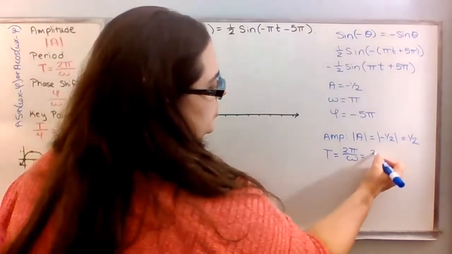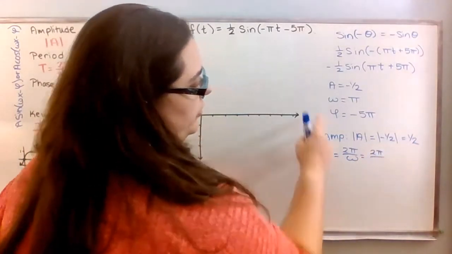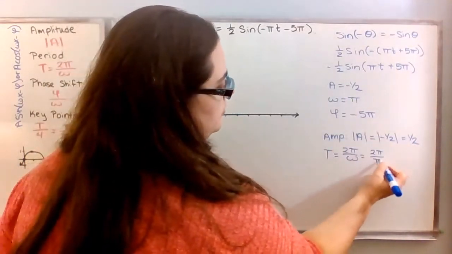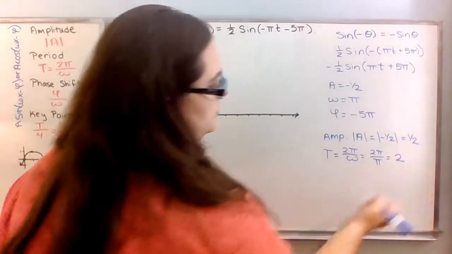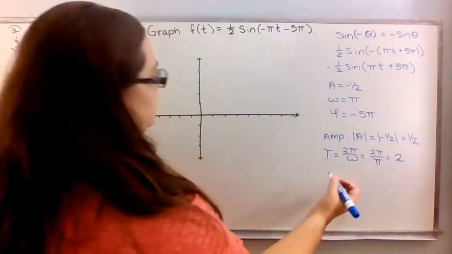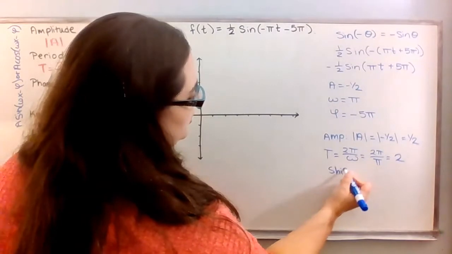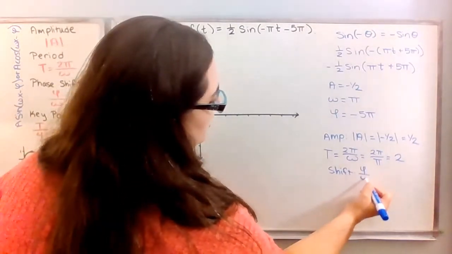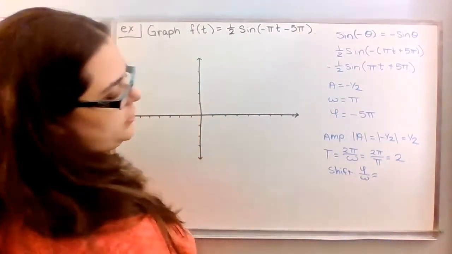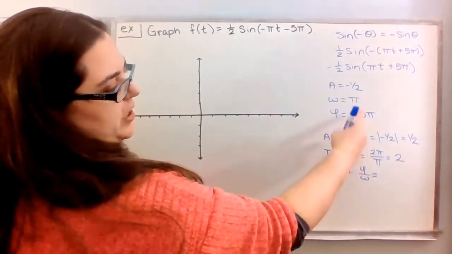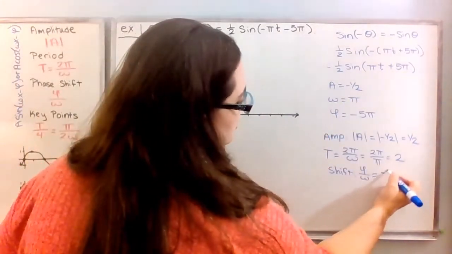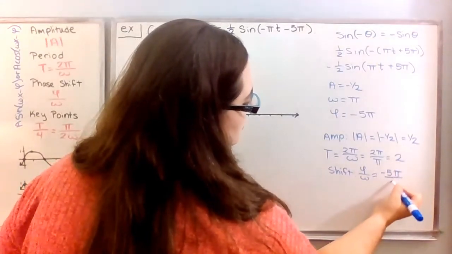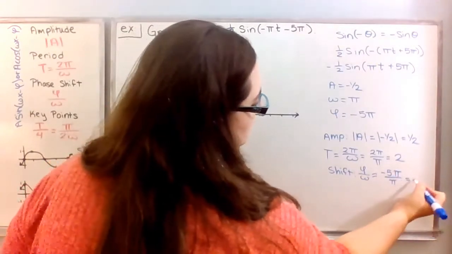So this is going to be 2 pi over pi, which is just 2. The phase shift is going to be phi over omega. So that's going to be negative 5 pi over pi, which is negative 5.